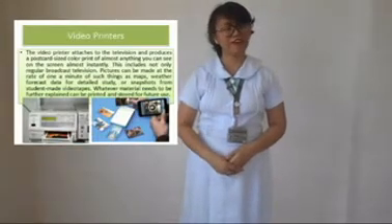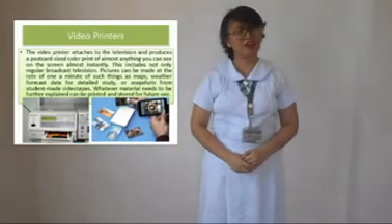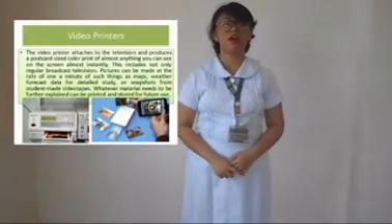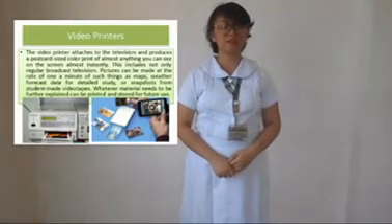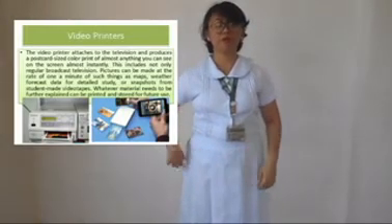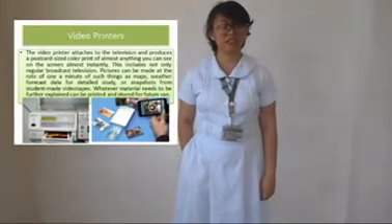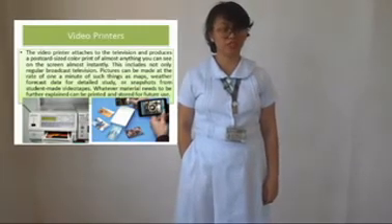Now moving on to video printers. What is a video printer? The video printer attaches to the television and produces a postcard-sized color print of almost anything you can see on the screen almost instantly. This includes not only regular broadcast television.